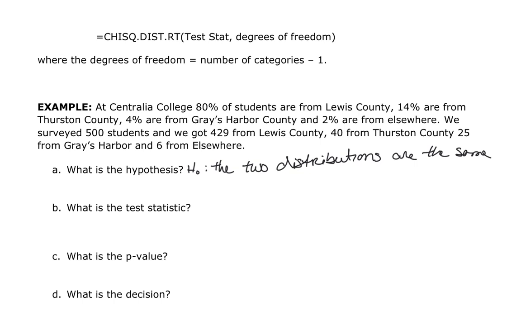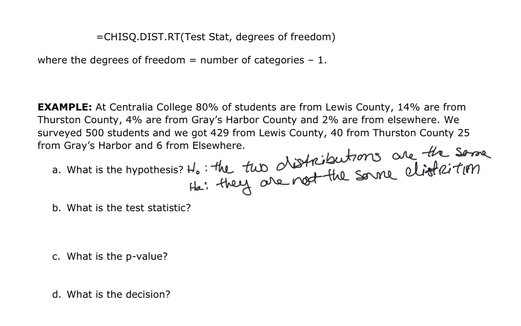Even though my numbers don't match up to the expected, we can consider them the same, that the information we had from Centralia College is still holding true. And the Ha would be they're not the same distribution.